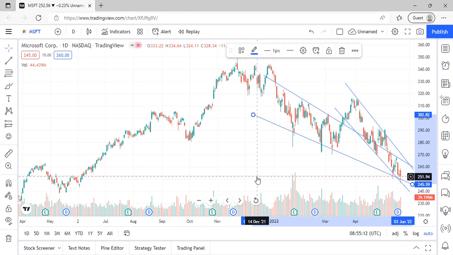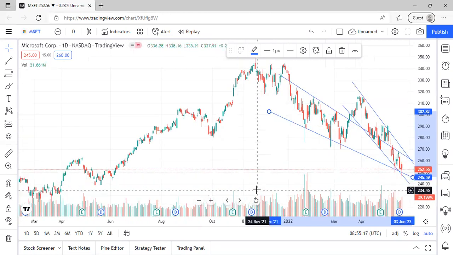That's the first support line. And if that is breached, the next support line would likely be at 238 USD.